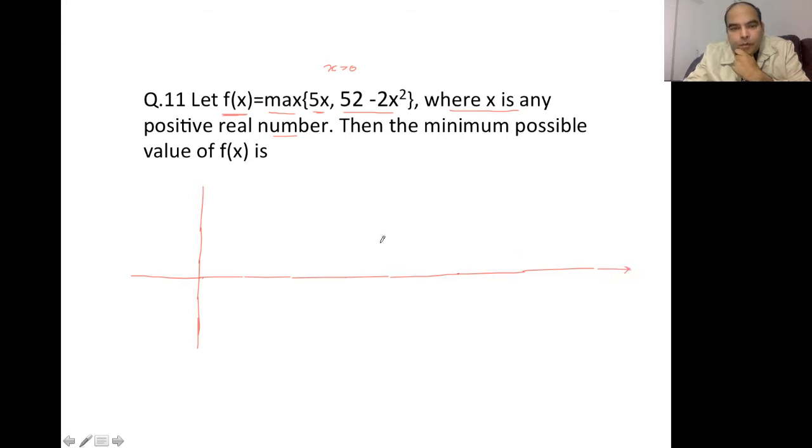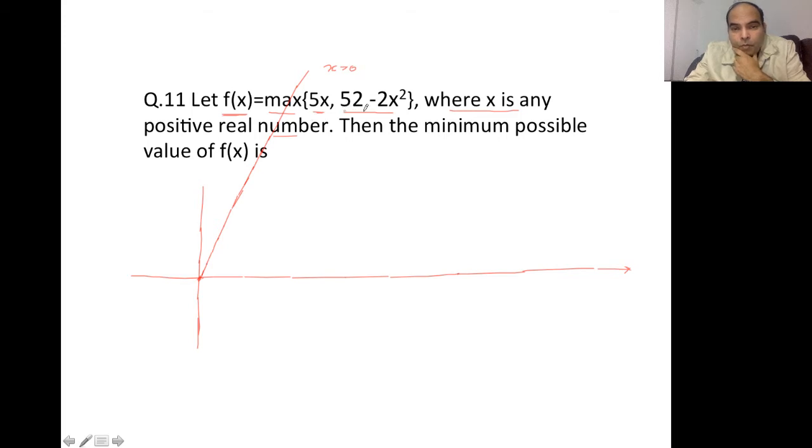For x equals 0, we know that 5x will be 0, and the 5x graph will be a straight line with a slope of 5. That's how the 5x graph is going to go to the right of the y-axis.